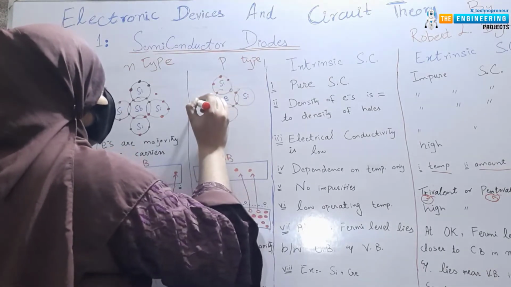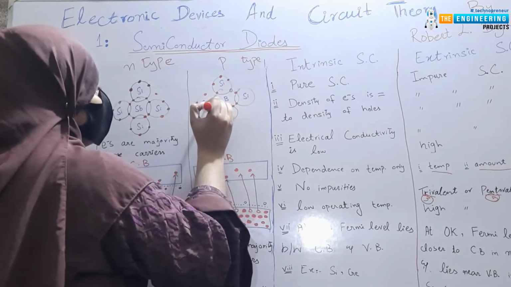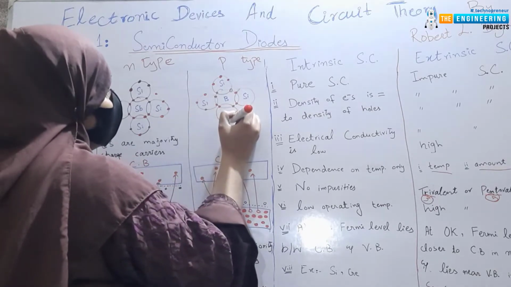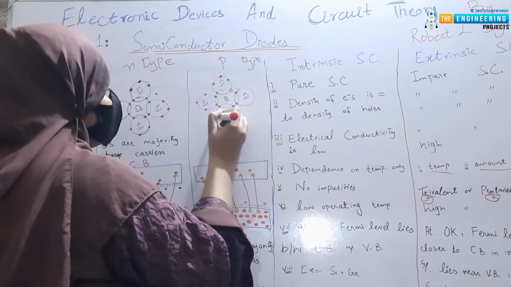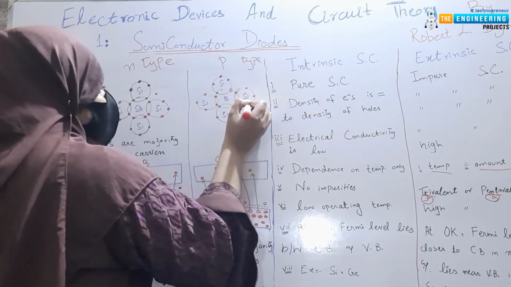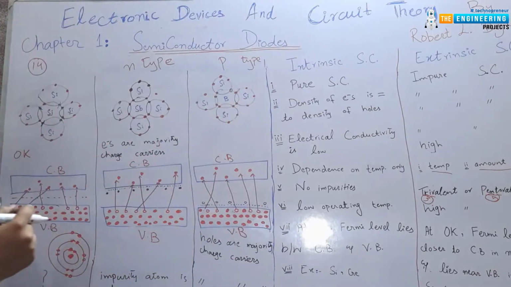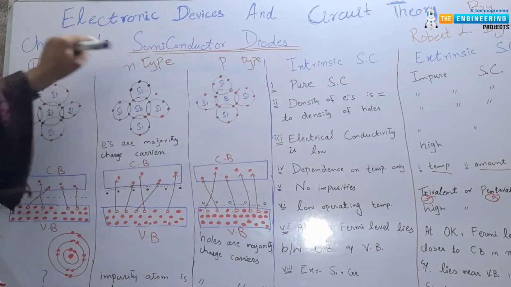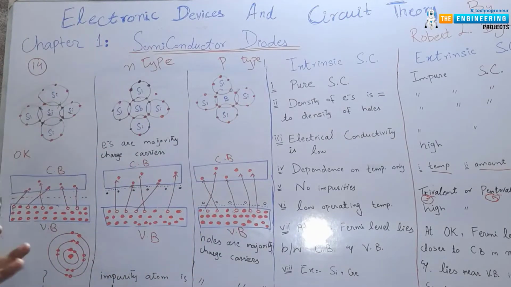You can see here that when pentavalent impurity is added to the silicon structure, then N-type material is formed.